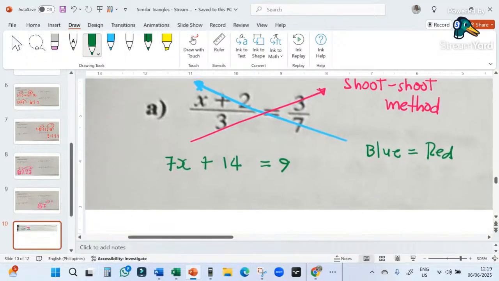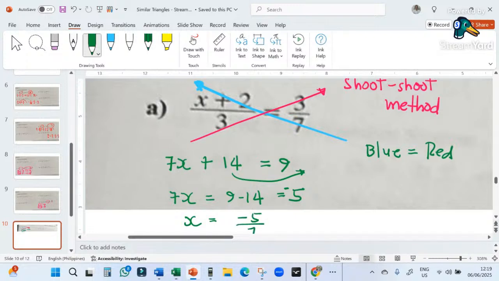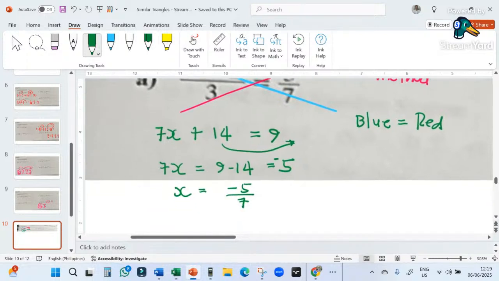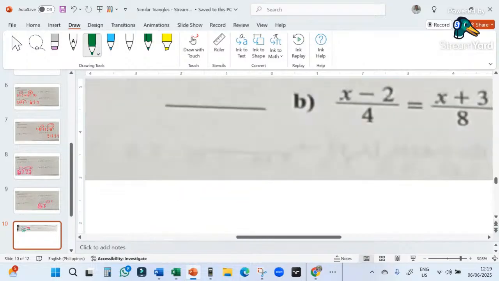Now in algebra, you have known that if there's an x here, move all numbers to the other side. 7x is equal to 9 minus 14. And 9 minus 14 is negative 5. So x will now be equal to negative 5 over 7 because you have to divide everything by 7.